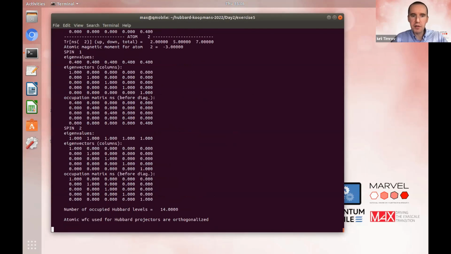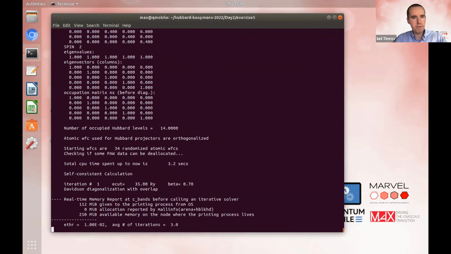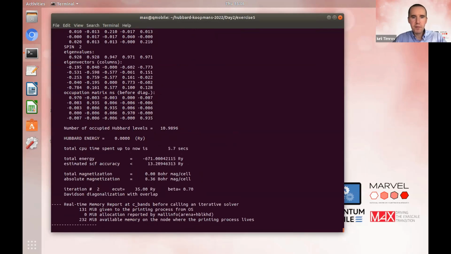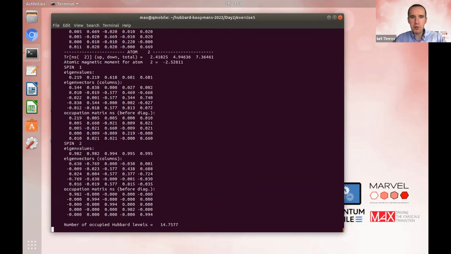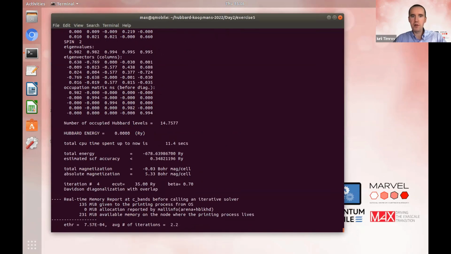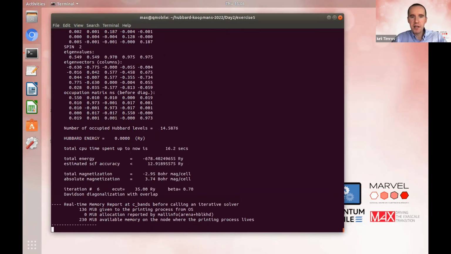The SCF calculation with the PW code takes less than 1 minute. But you will see that the linear response calculation using the HP code is way more computationally expensive. We can roughly say it is 20 times more expensive.